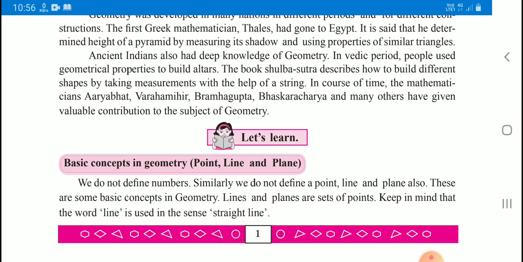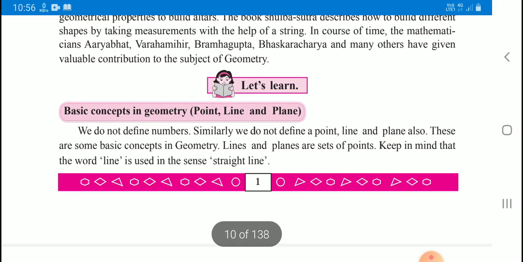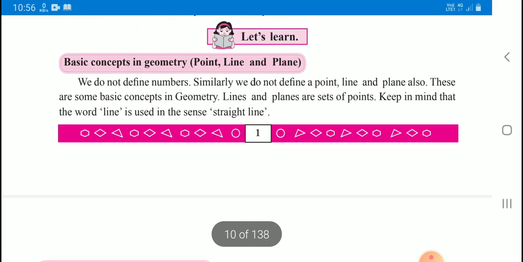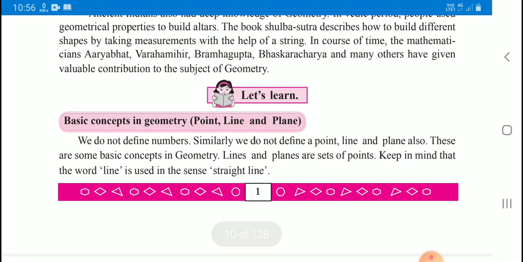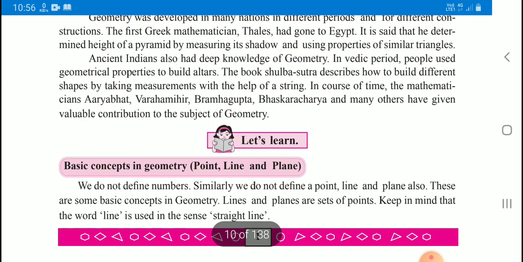Now let us learn. You have already learned these terms in 6th standard. These are the basic concepts in geometry. They have given them as point, line and plane. As you know, a point is a tiny dot. Line means any line segment.